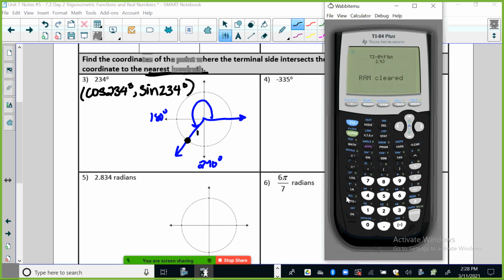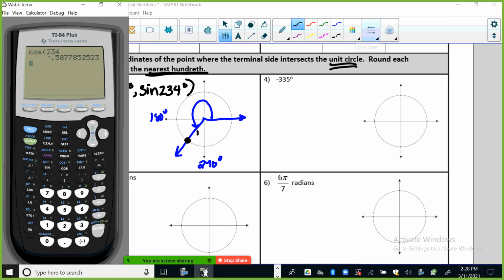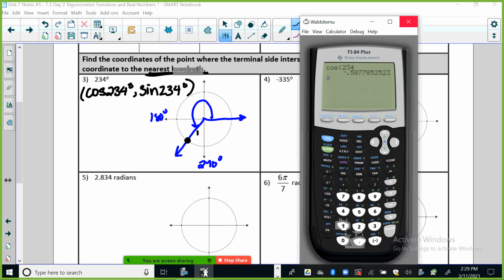All right, so make sure that your calculator is in degrees. Mode is right here, to the right of the second button. My calculator is in radians, so I have to change it to degrees. So cosine of 234 degrees is negative 0.5877, round to the nearest hundredth, so that's 2 decimal places, so negative 0.59.